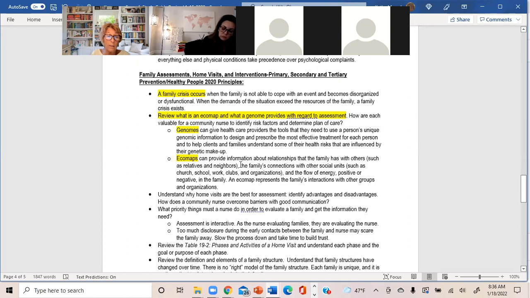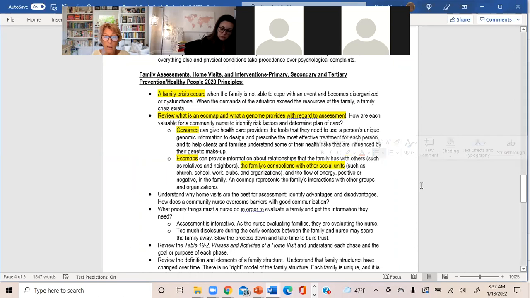I've used the example, all of us had huge ecomaps before the pandemic, right? Or I'll speak for myself. I had a huge ecomap before the pandemic. Family, recreation, friends, social, whatever. It's your connections with other social units, okay?